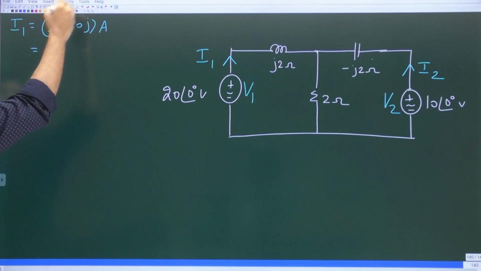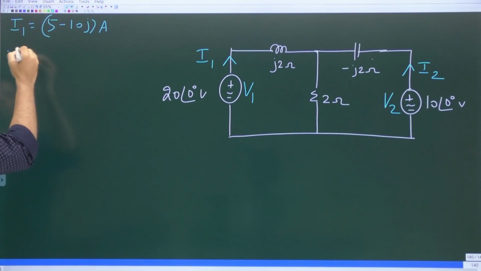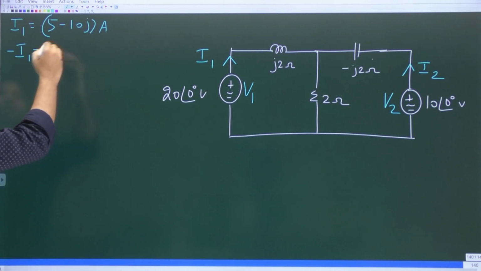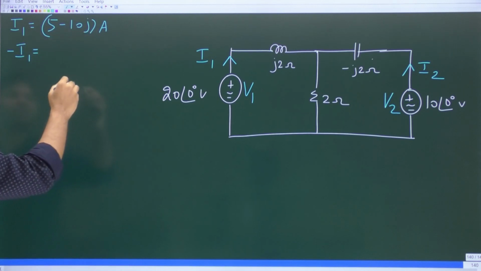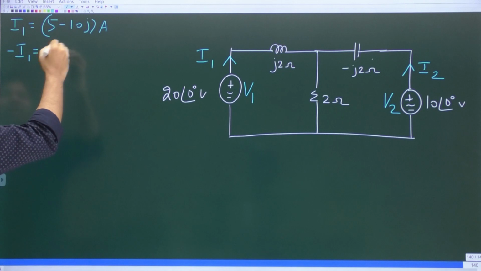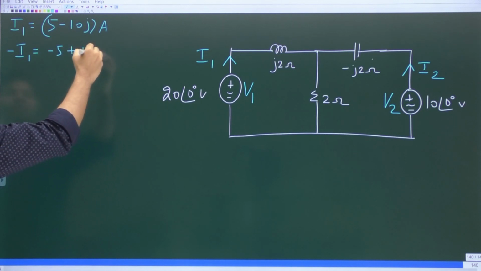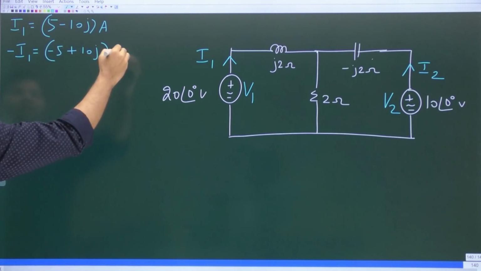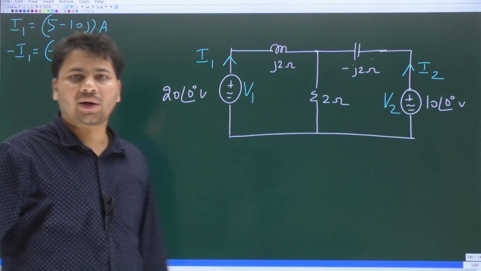Minus I1, I1 is 5 minus 10J. Minus I1 will be minus 5 plus 10J amperes. Why am I interested in minus I1?